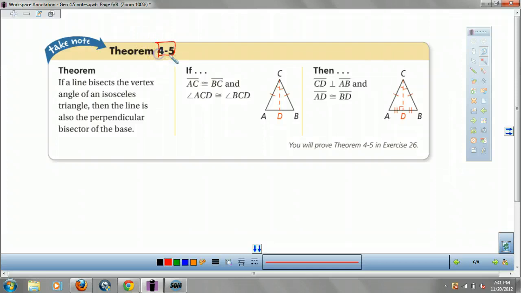Okay, we got some more theorems. Theorem 4.5, which we're just going to not name. If a line bisects the vertex angle of an isosceles triangle, then the line is also perpendicular to the base.